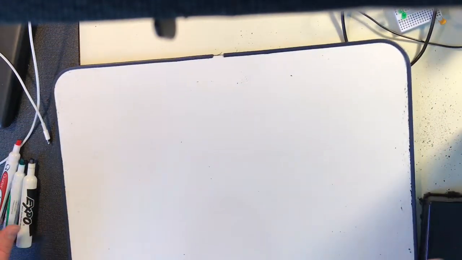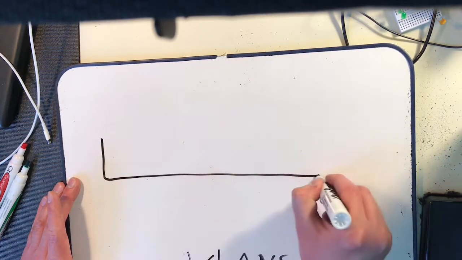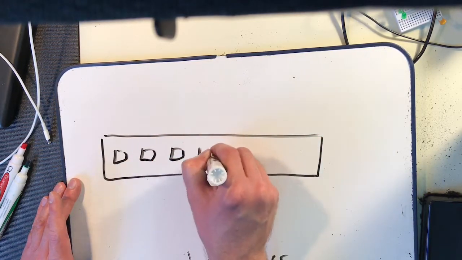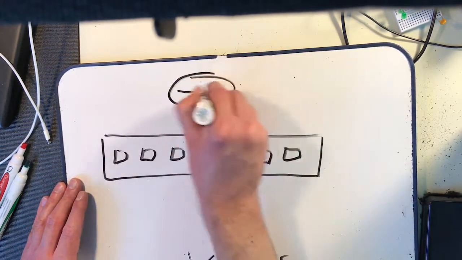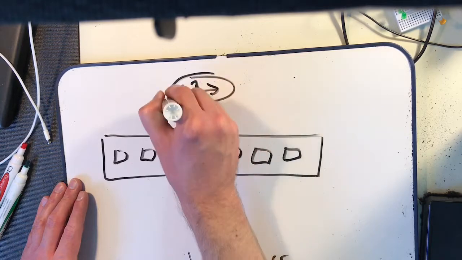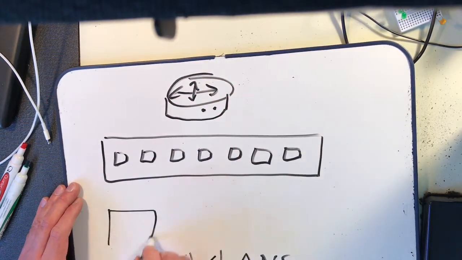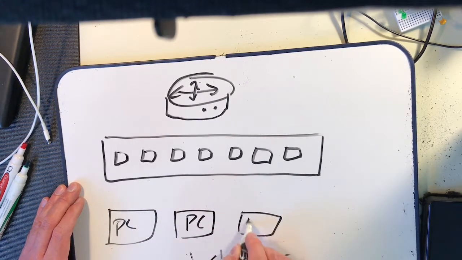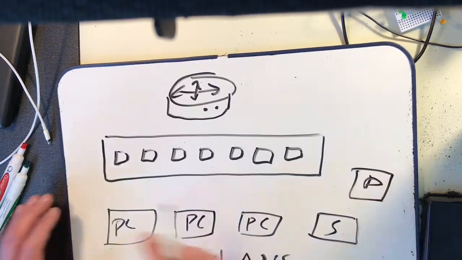So that is where VLANs come in. Now, same as before, I'm going to have a switch. I'm going to make it pretty big, though. Have our router, and our PCs, our server, and our phone.